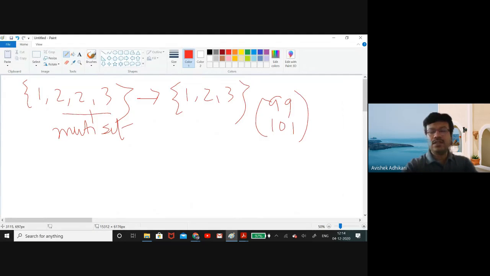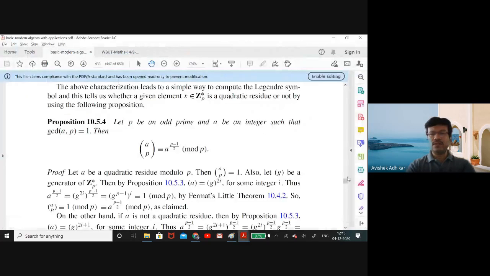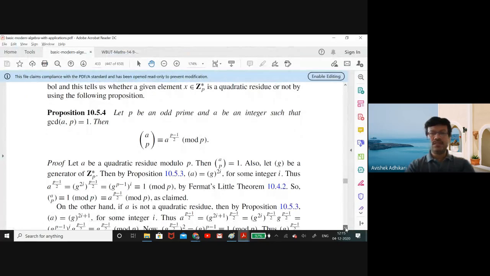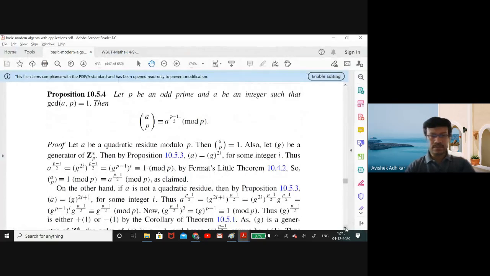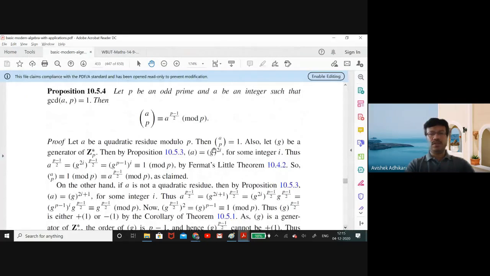Only if 99 is a quadratic residue, I know its value will be 1, and if 99 is a quadratic non-residue, its value will be -1. But till now we had no clue how to calculate this value. Now we are in a position to show you how to calculate it. This is quite interesting. So this is the formula.